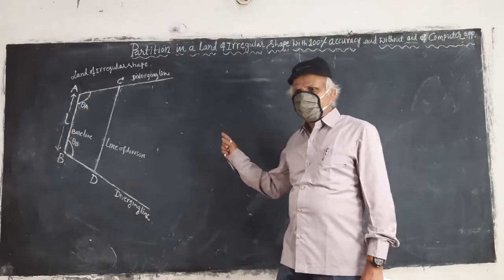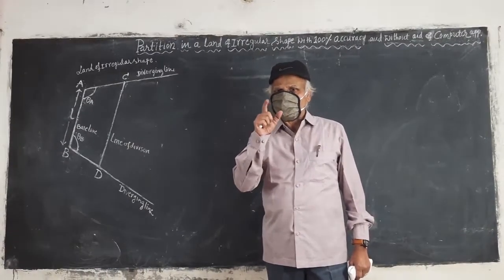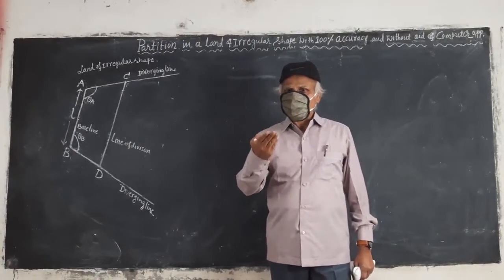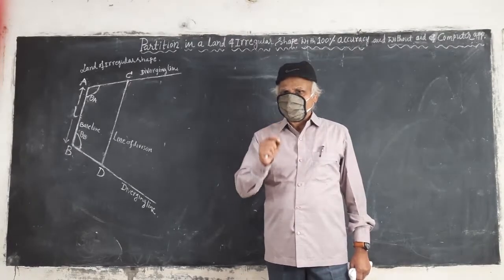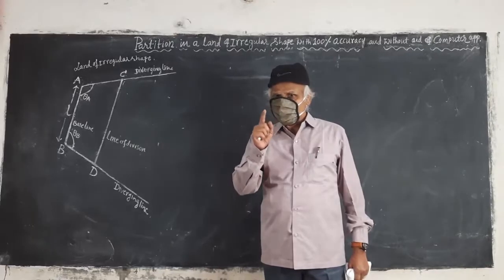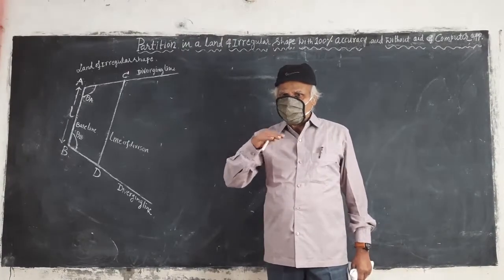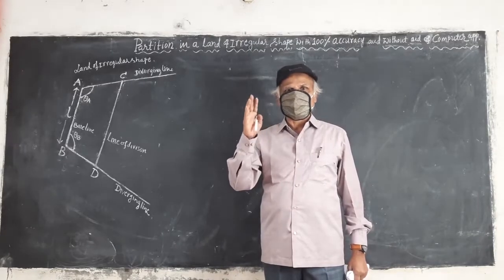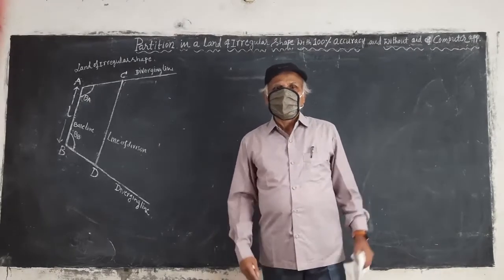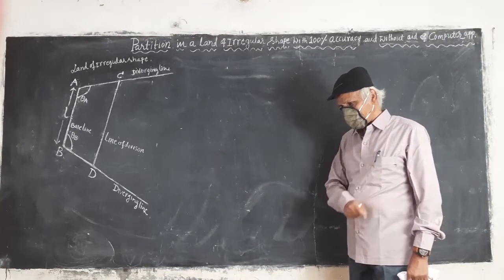Friends, in this video, I will derive some useful formulae which help you to find the exact position of line of division and the distance of cutting points from the baseline in the partition of land of irregular shape. Let me consider one such case.